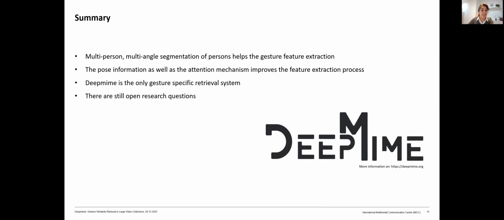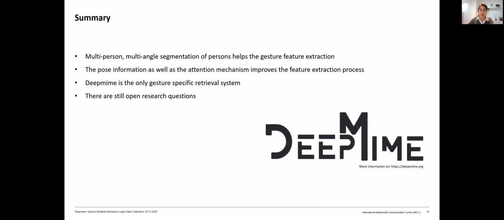As a summary, our system is tackling the challenges of multi-person, multi-angle segmentation in the gesture understanding and gesture recognition field. We understood that the pose information is very important, and the attention mechanism improves the feature extraction hugely.